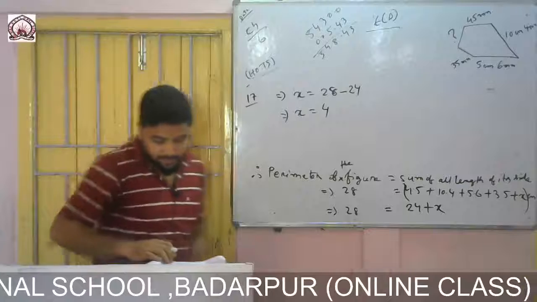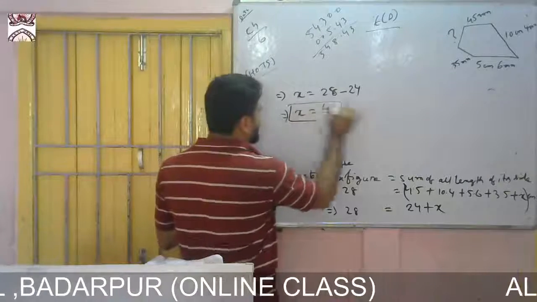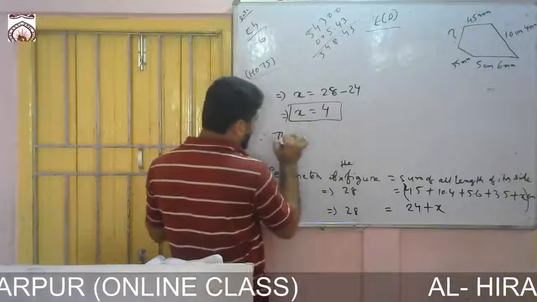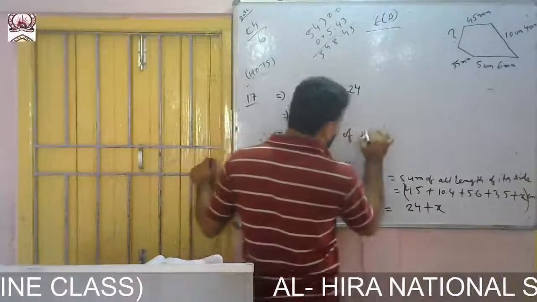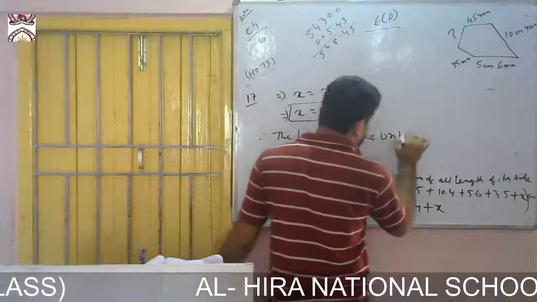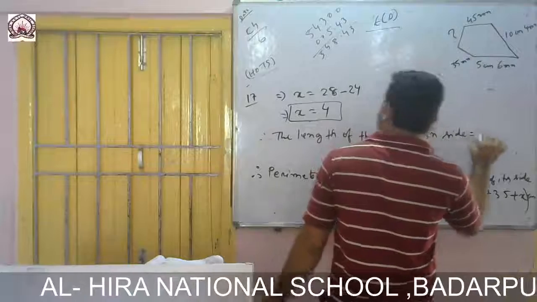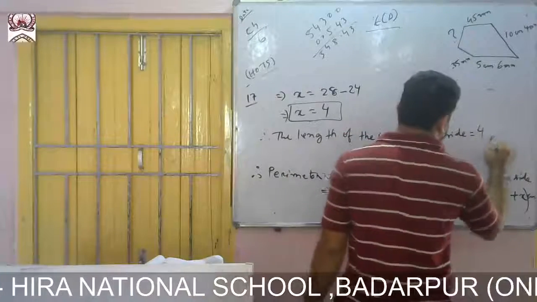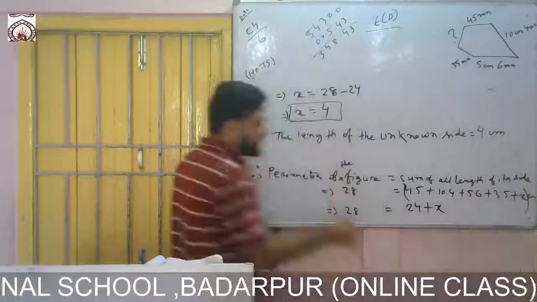That is, find the length of the unknown side. Therefore, the length of the unknown side equals 4 centimeter.